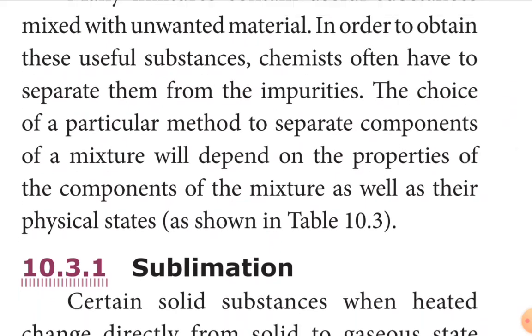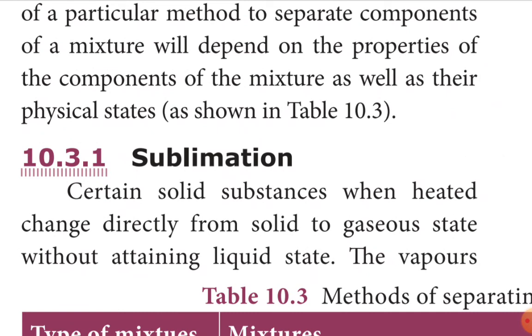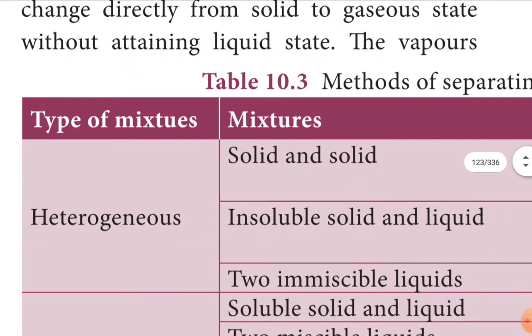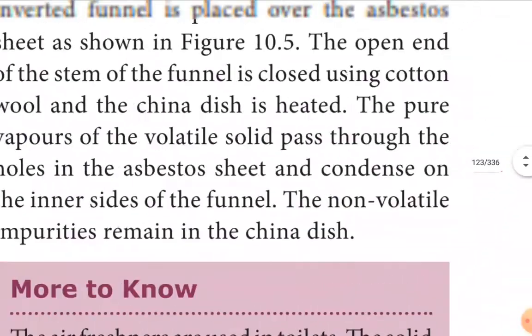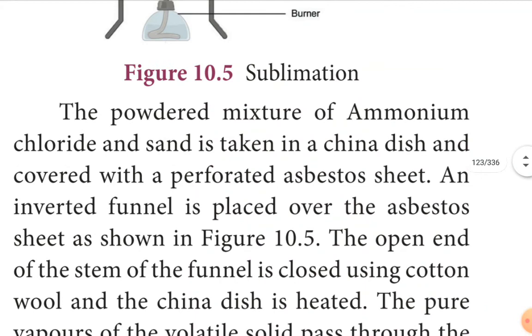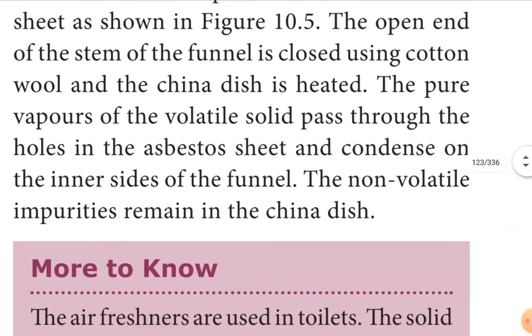First one, sublimation. Sublimation is the process of converting solid to gas. One example is given in your book: sublimation of ammonium chloride and sand. Ammonium chloride is a volatile substance that can be sublimed, and sand particles remain in the china dish.